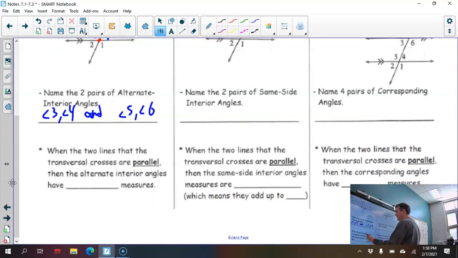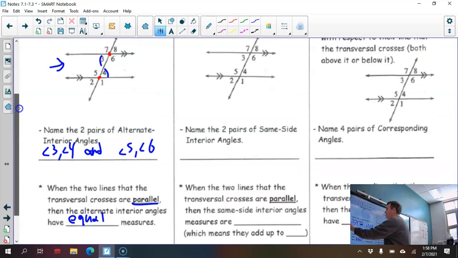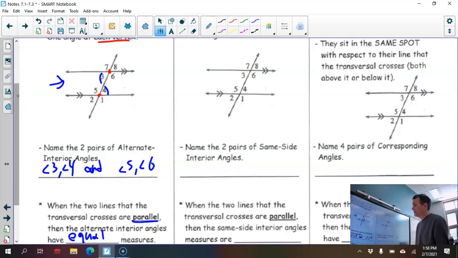And when the two lines that the transversal crosses are parallel, only when they're parallel, then the alternate interior angles have equal measures. So angle 3 and angle 4 equal each other. Angle 5 and angle 6 equal each other.